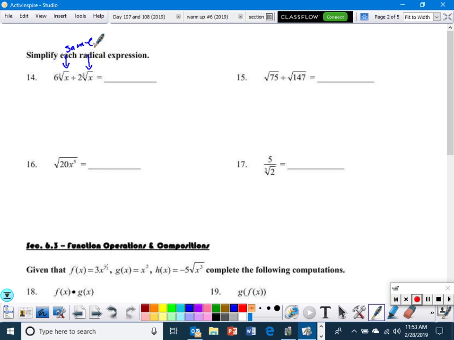So we are going to simply add them together. Okay, they are like terms. So 6 plus 2 is 8, and then the cubic root of x. That's it. Number 15, there's a little bit more work.